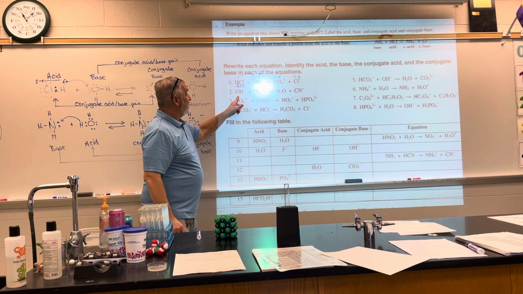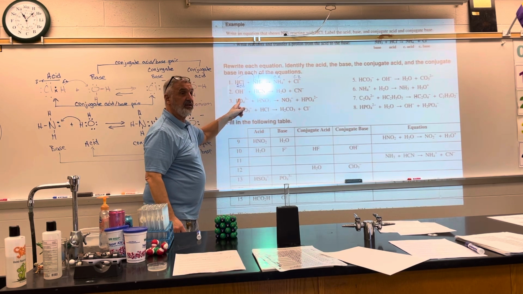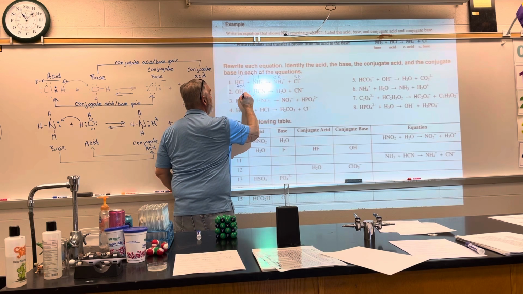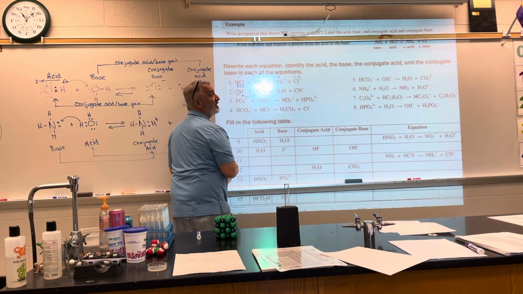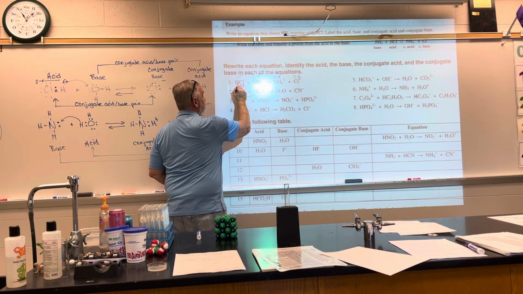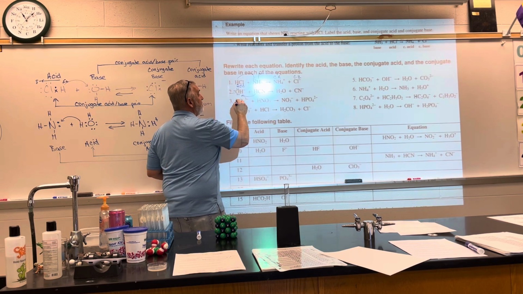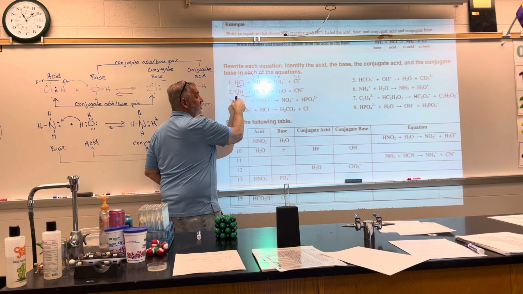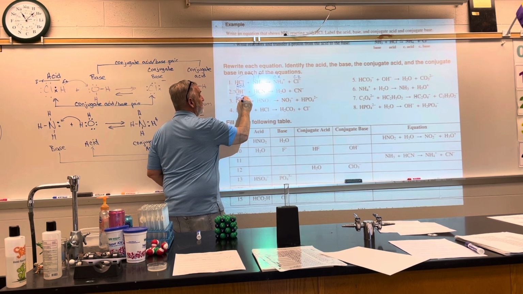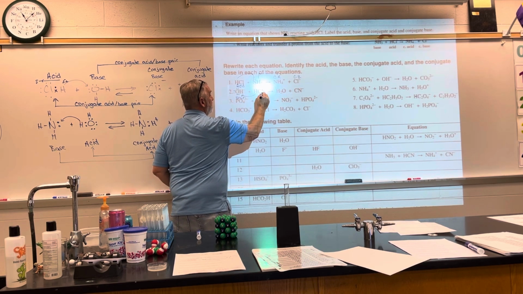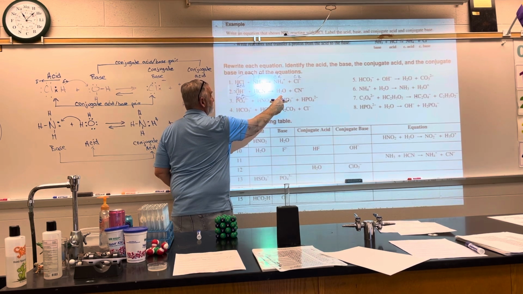Now I look here. What's the OH minus doing in the reaction? The hydrogen is being donated to this lone pair on the OH minus, and it's actually got 3 lone pairs. So that makes this an acid or a base if it's accepting? This is the base. That makes this the acid. So what does that make this?